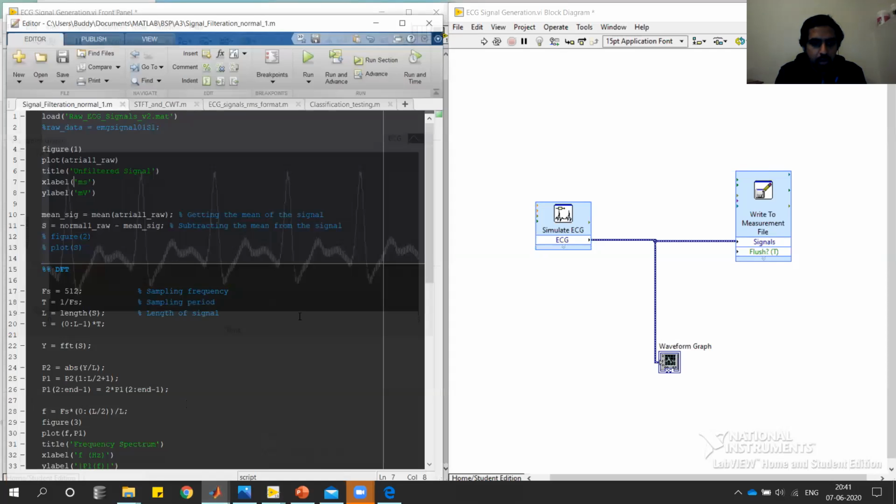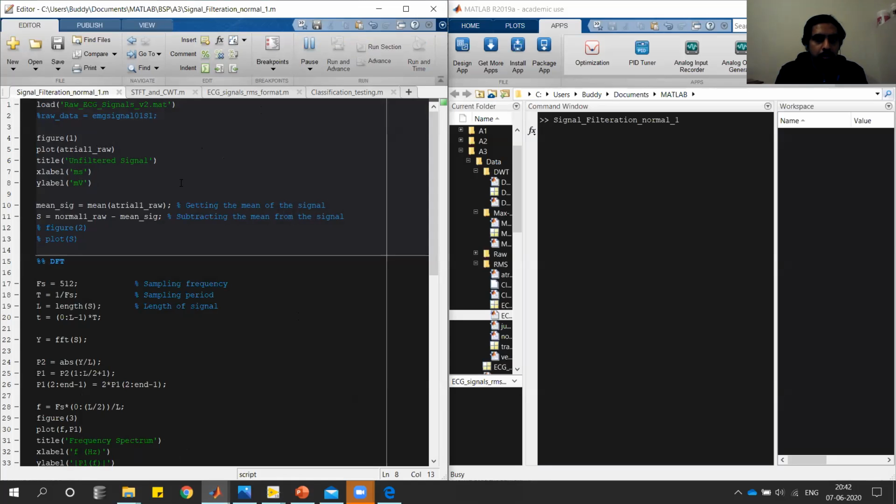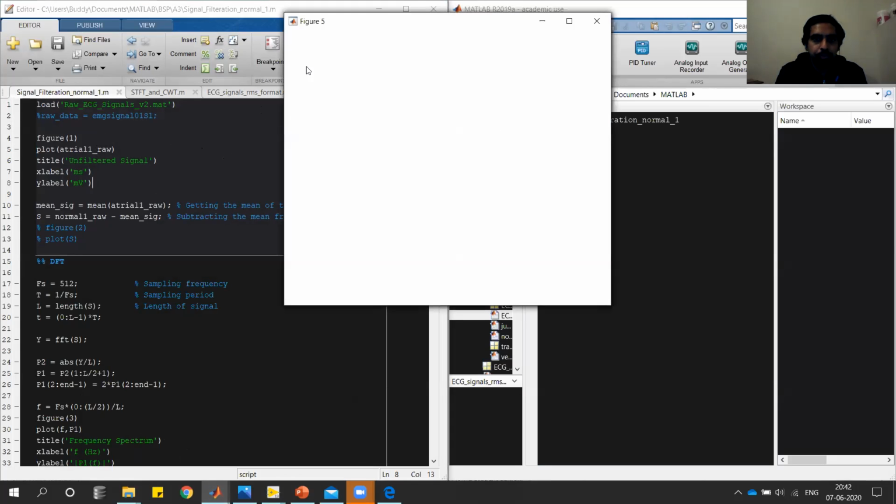Now in MATLAB, once we import the signals that we generated in LabVIEW, we first did the signal filtration. I'm going to show you now.